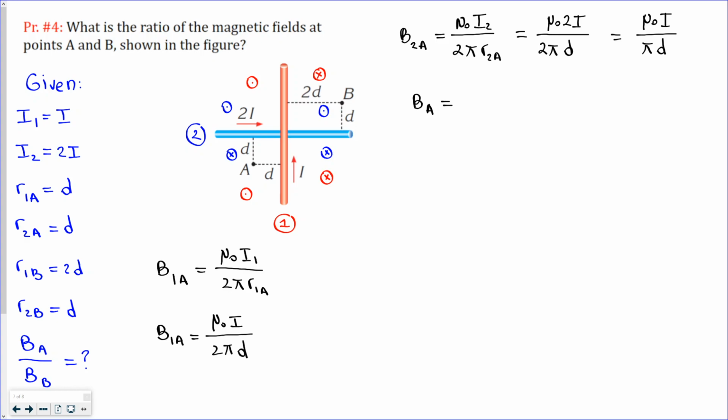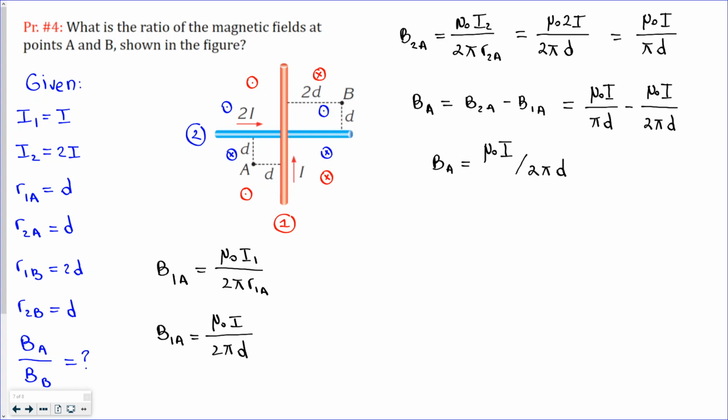That's why B2A is bigger, and the net field will be B2A minus B1A, equal to mu 0 I over pi D minus mu 0 I over 2 pi D. And the net field at point A will be mu 0 I over 2 pi D.